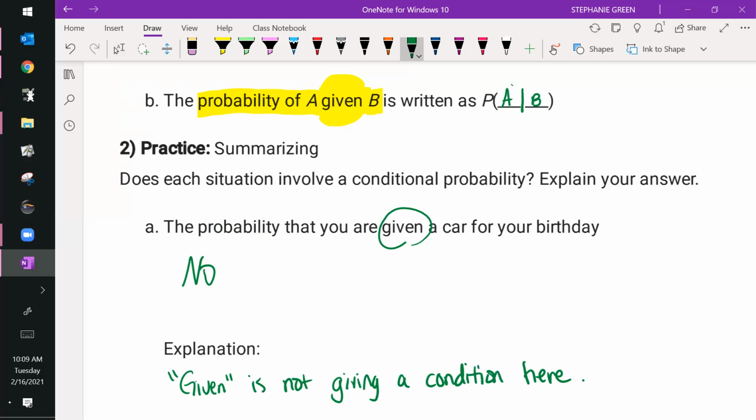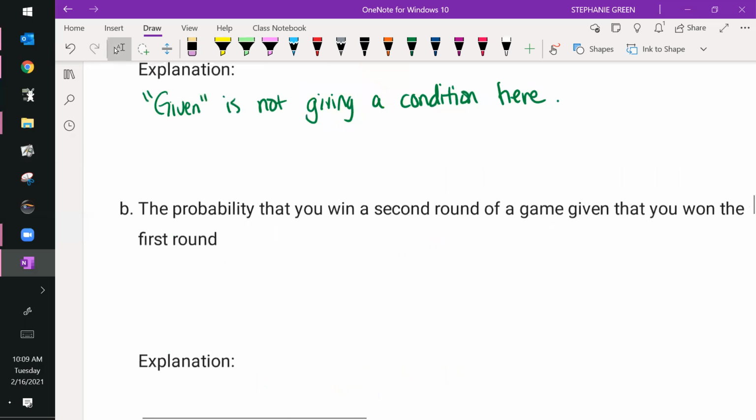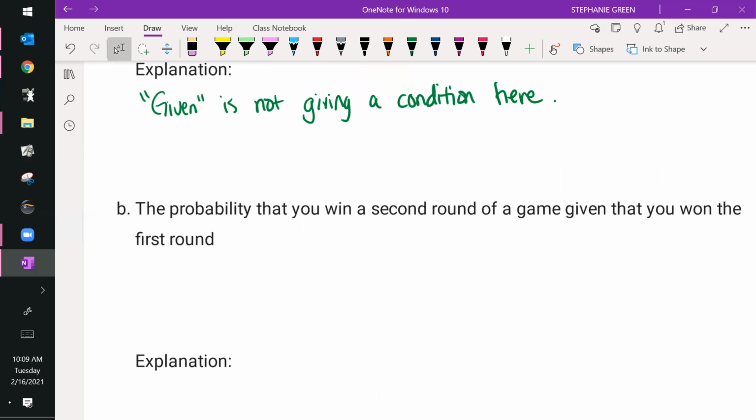When we're looking for conditional probabilities, we do look for that word given. It's usually a dead giveaway that we're looking at a conditional probability, but we have to be aware that the word given does have multiple meanings. So let's look here. It says the probability that you win a second round of a game given that you won the first round. Again, here's that word given, but this time you are given a condition. The condition is that you won the first round. Does winning the first round affect the possibility of winning the second round?